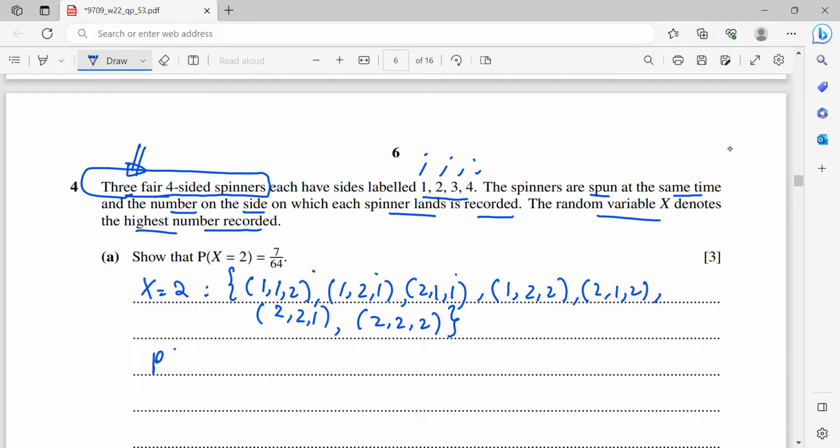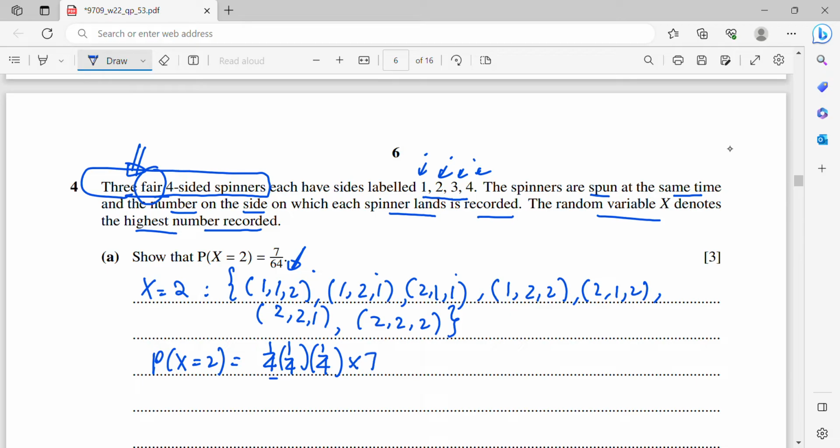So now P(x equals 2). Remember, since you are given fair spinners, each probability is 1 over 4. So to get 1 is 1 over 4. The second one is also 1 over 4. The number 2 is also 1 over 4. So each outcome has this probability. And there are 7 outcomes, each of them with the same probability.